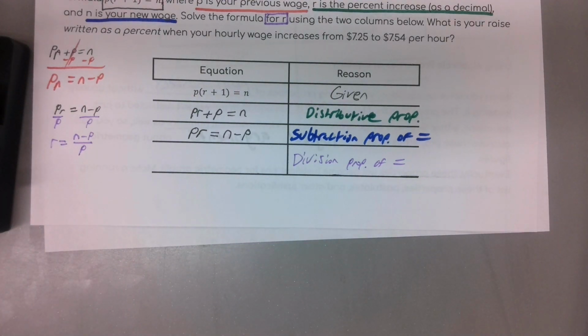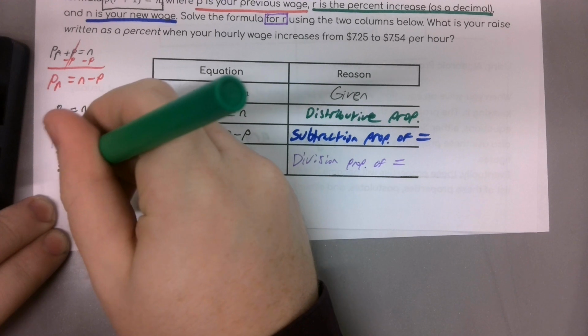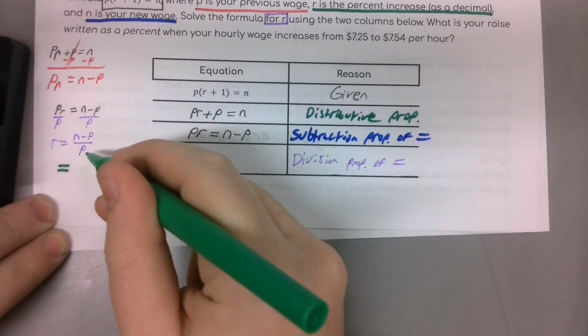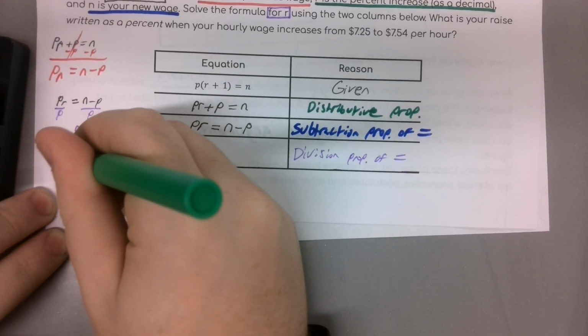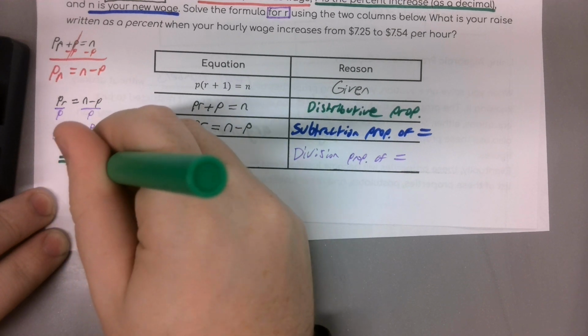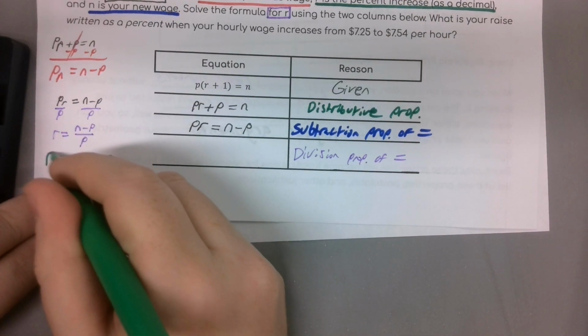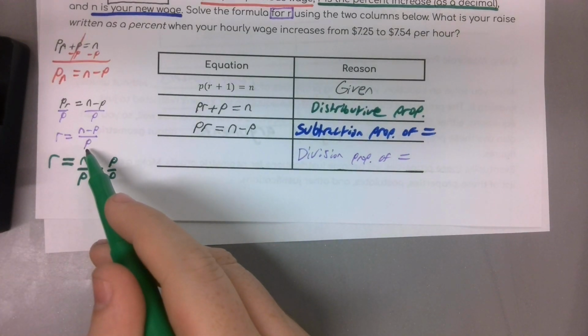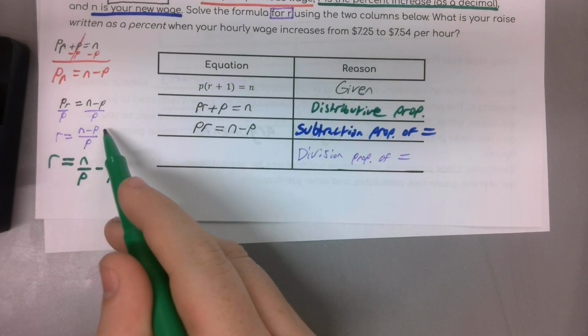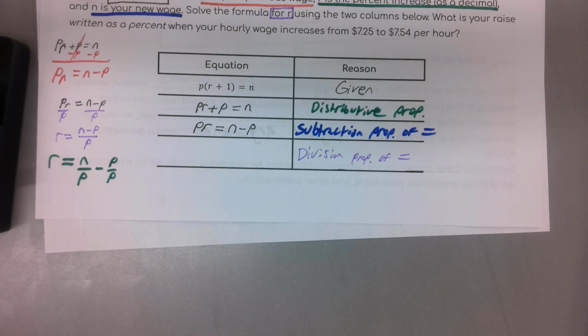But then we have to ask ourselves, is this simplified? We usually don't like multiple things on top of a fraction, so I want to remind you that whenever you have multiple things on the numerator of a fraction, but one denominator, you can split it into N over P minus P over P. See how the N over the P got its own spot and the minus P over P got its own spot?